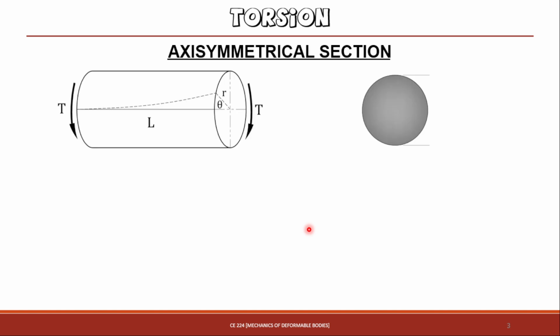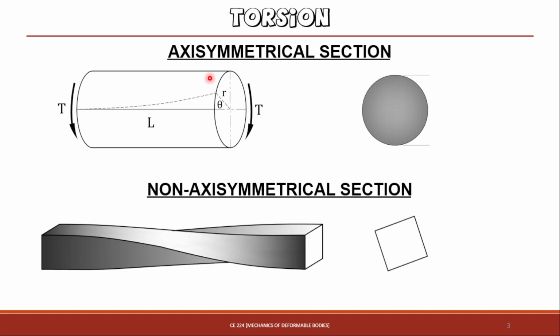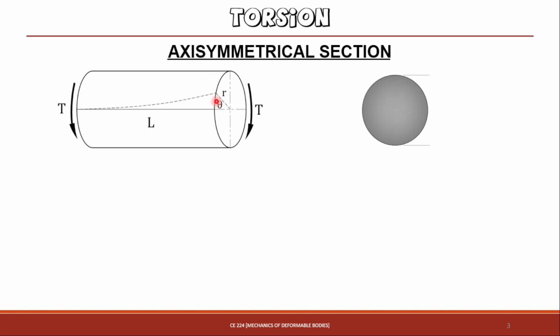So before we dive further sa topic natin na torsion, let us talk about axis symmetrical section and non-axis symmetrical section. So first, dito sa axis symmetrical sections, these are sections kung saan yung cross-section natin ay consistent siya when that cross-section is rotated about its centroidal axis.